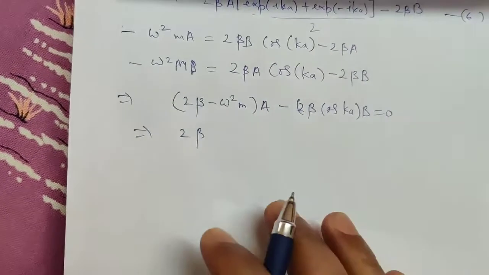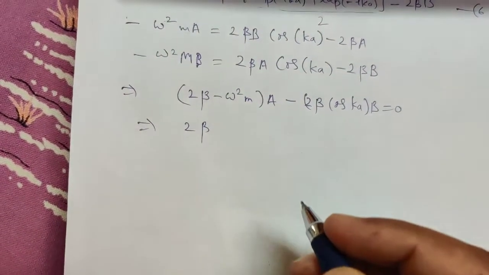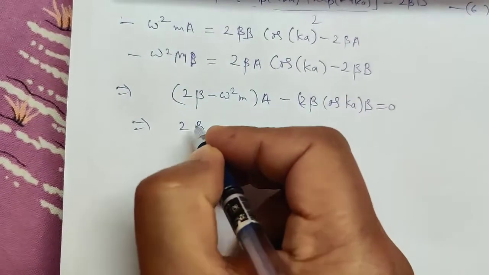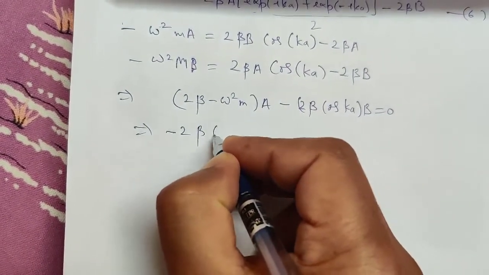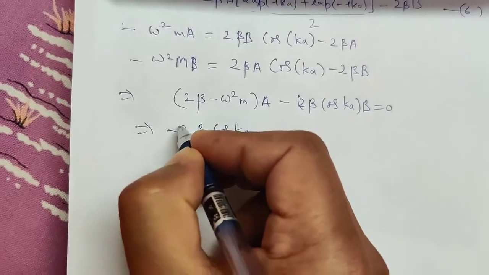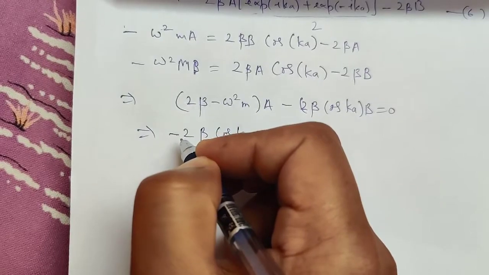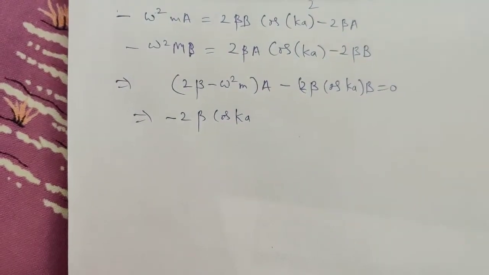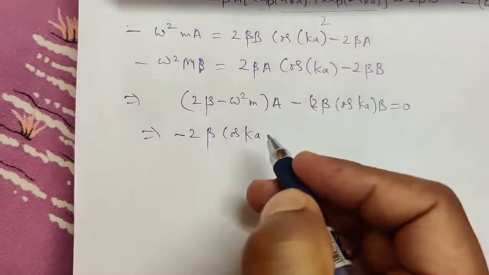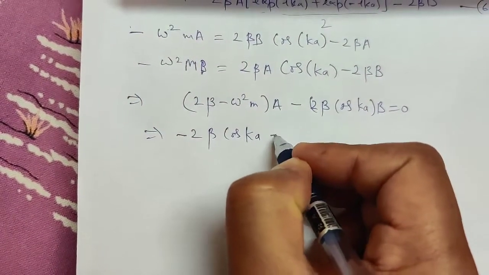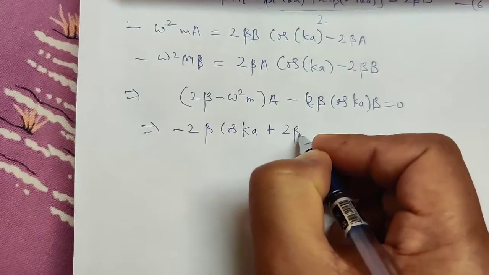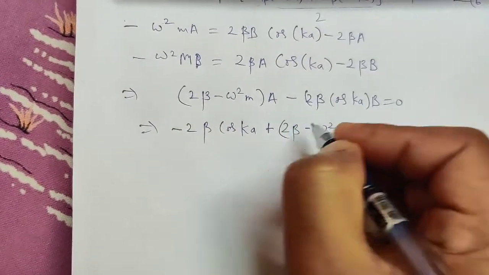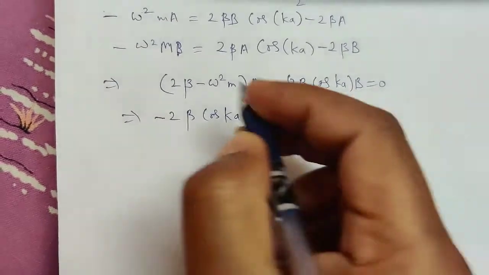2 beta minus omega square m, the term with a comes to this side, so it will be minus 2 beta cos ka. This will be plus 2 beta minus omega square M times b is equal to 0.